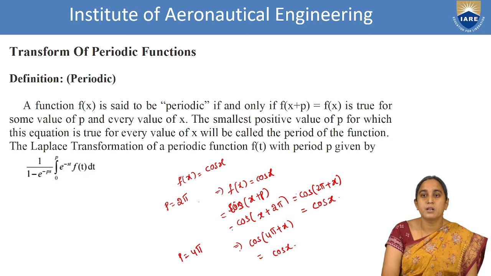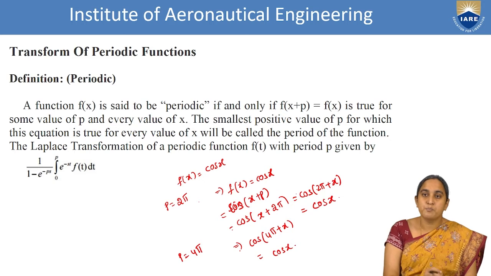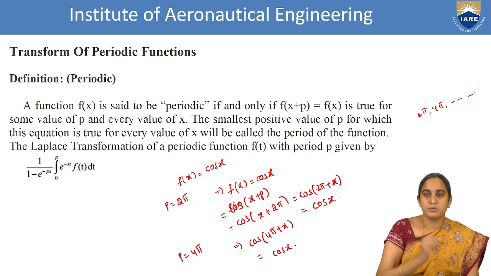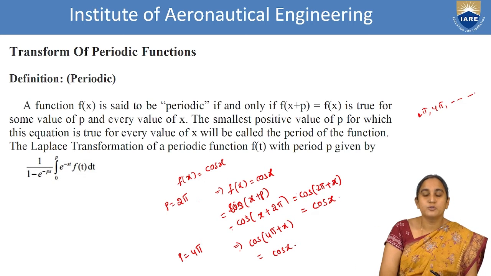Similarly at p is equal to 6 pi, cos x is also a periodic function. What we observed in the two examples, cos x and sin x, is that both are periodic functions at 2 pi, 4 pi, and so on.